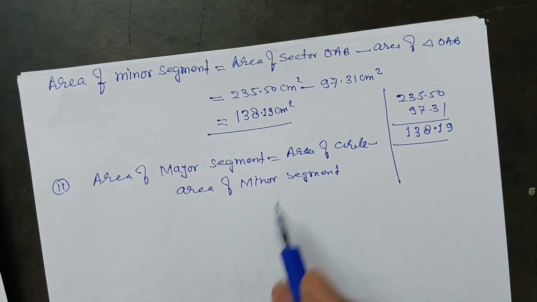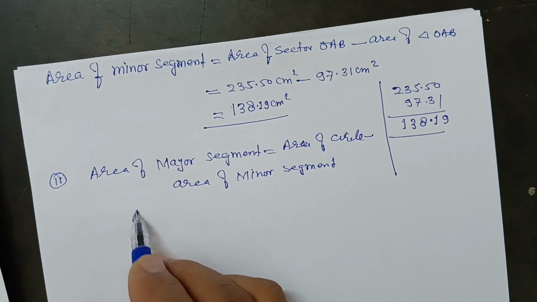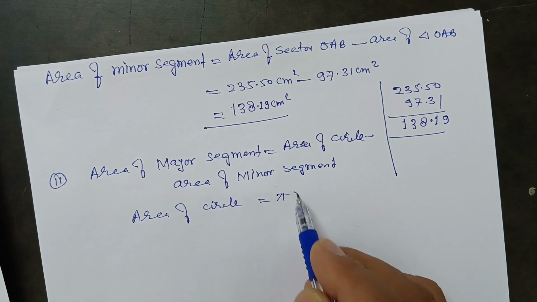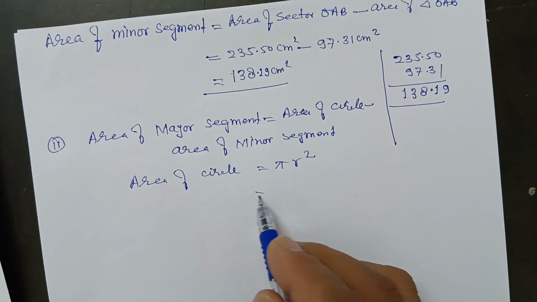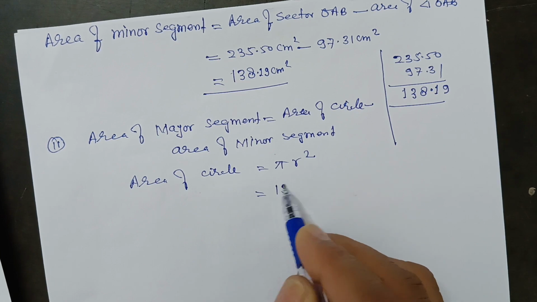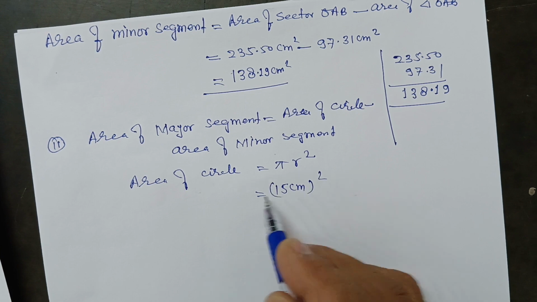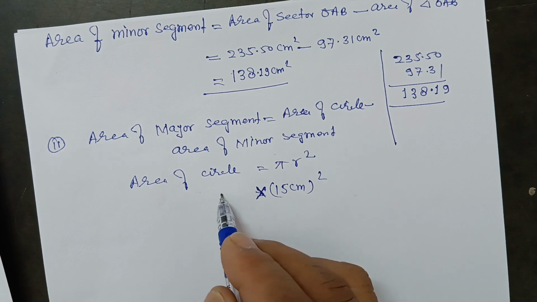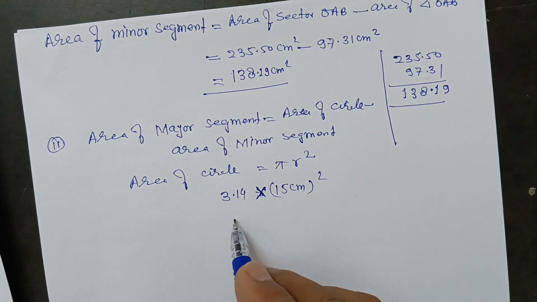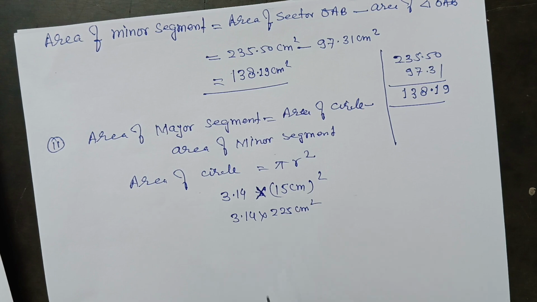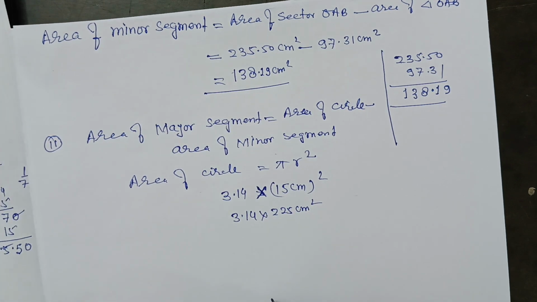The area of the minor segment we already know, but the area of the circle we can calculate using the formula pi r square. Again the radius of the circle is the same, 15 centimeter whole square, and the value of pi you can substitute 3.14. So this is 3.14 into 15, 15s are 225, so 225 centimeter square.